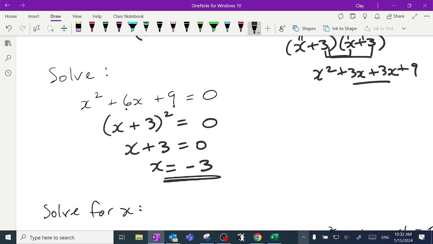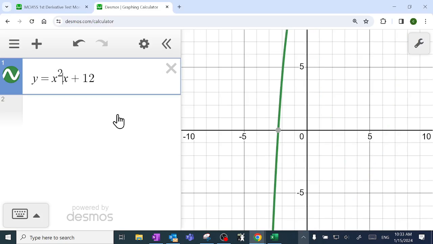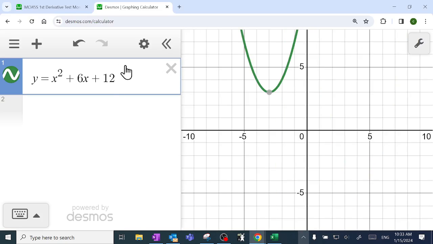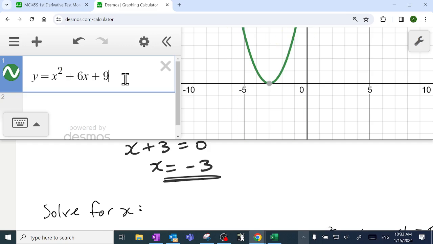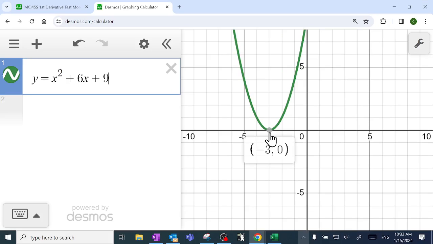And notice, we just talked about this a few minutes ago. This wasn't on the video. This was us going over old homework. Sometimes parabolas only have one x-intercept, and it's a case just like this. If I was to graph y = x² + 6x + 9, notice that the vertex is right on the x-axis, so it only has one x-intercept.